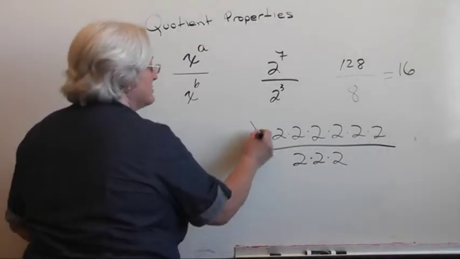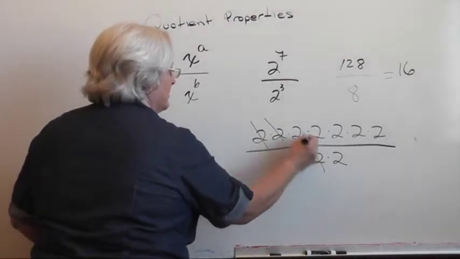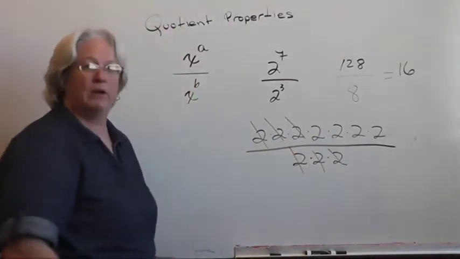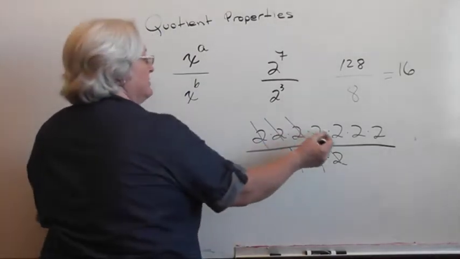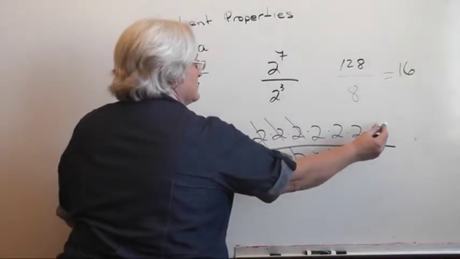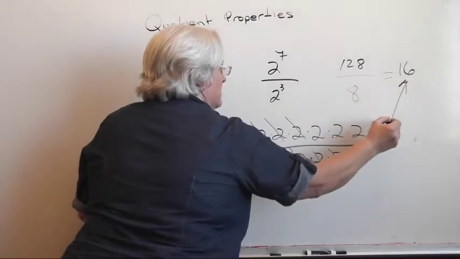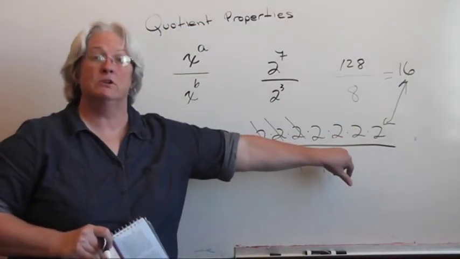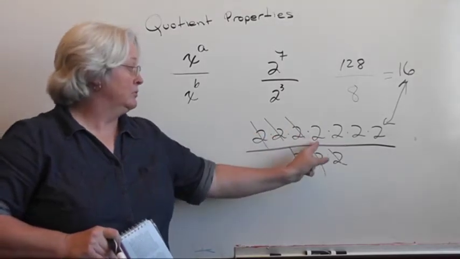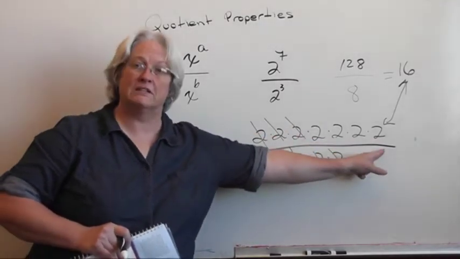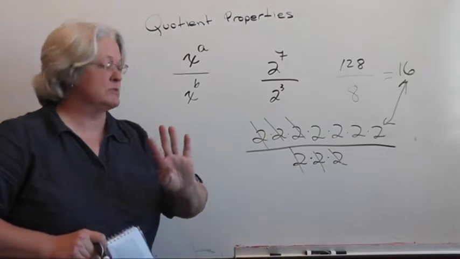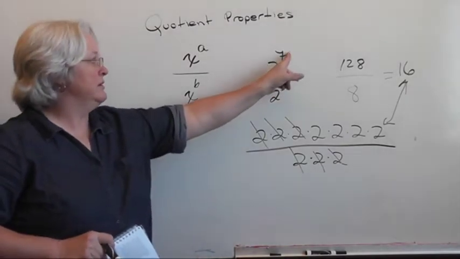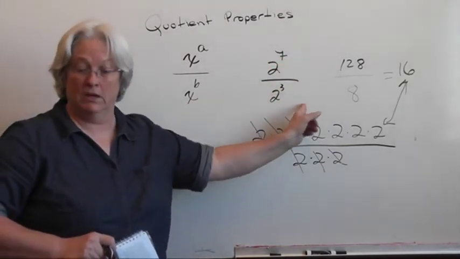Cancel common factors. There's 1 pair of 2's, 2 pair of 2's, 3 pair of 2's. 2 times 2 is 4 times 2 is 8 times 2 is 16. And sure enough, how many times is 2 used as a factor here? 2 is used as a factor 4 times, which is the difference of 7 and 3.